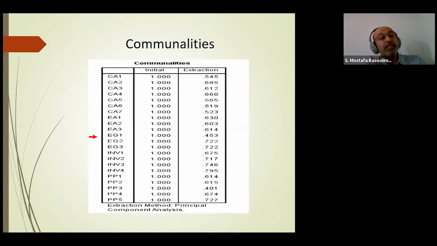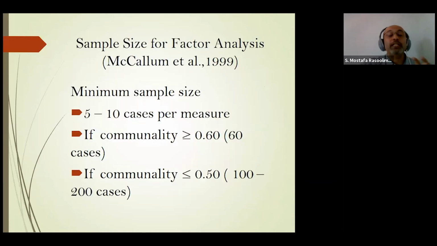So the correlation between items and factor, before rotation, is called communality. If the communality of all items is higher than 0.6, it means items have a good link with factors.